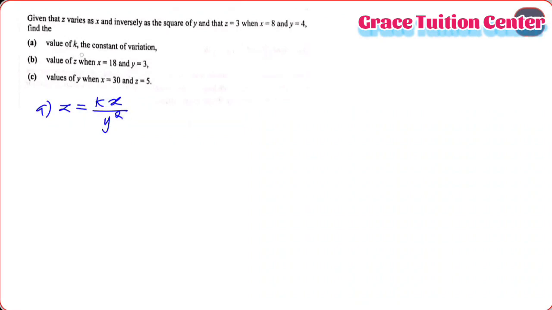To get the value of k, we'll take these 3 values: z is 3, x is 8, and y is 4, and substitute in this formula here.